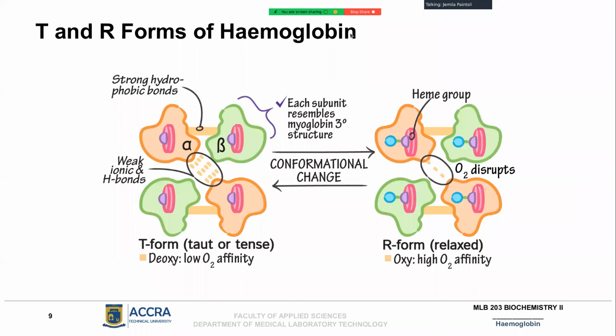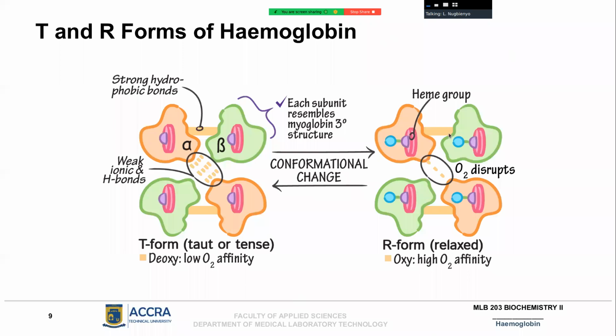So my question is, does oxyhemoglobin also have the strong hydrophobic bond between the alpha and the beta? Yes, so I mentioned that the dimers remain together. As you see, the strong hydrophobic bonds remain.